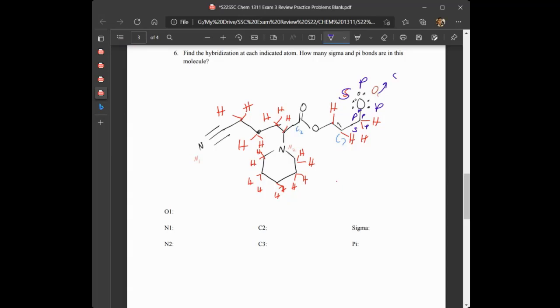So that oxygen was sp3, and this carbon down here was also sp3. Because the adjacent carbon cannot resonate, since it doesn't have that double bond, this one is sp3 hybridized. Okay.